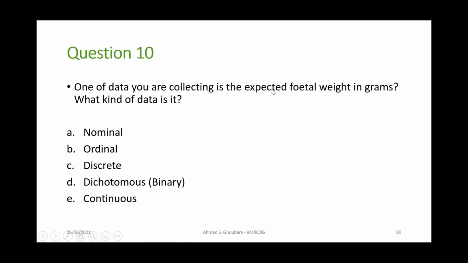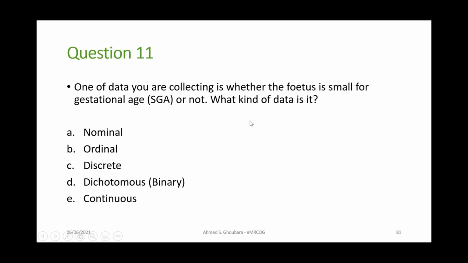One of the data collected is the expected fetal weight in grams. Continuous. Yeah. So think about it. There's a trick in this one. Think about it for a minute. I put that on purpose. One of the data you're collecting is whether the fetus is small for gestational age or not.